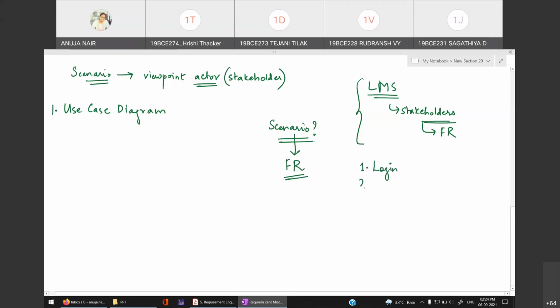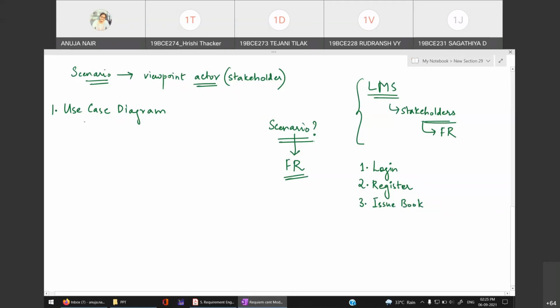Let's say the second FR is registration, the third FR is issue book, and so on. Return book and browse through the books. All these are my FRs, which are functional requirements. So in terms of the use case diagram, I will say that these are all my scenarios.